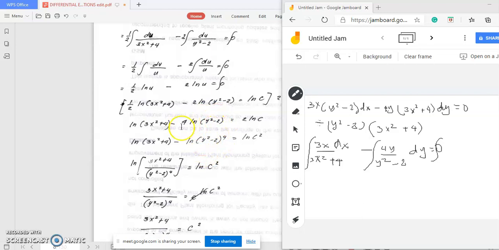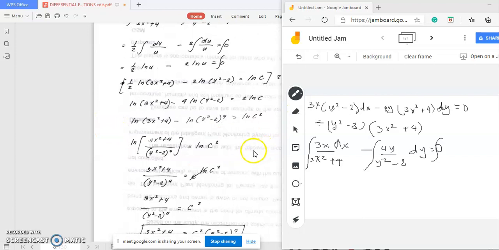So your 4 multiplier here becomes the power, and your 2 becomes the power of C. To prove this one would take a long time, so please look at the notes if you forgot this. I'm sure I've discussed this one. And for those who don't have the notes, you may ask your classmate, or you may look at the internet. So they are the same. We proved this one that they are the same.